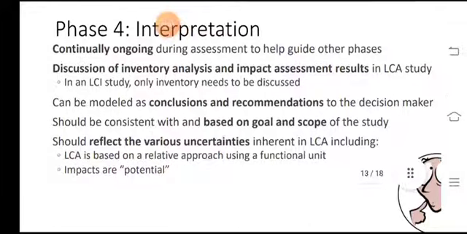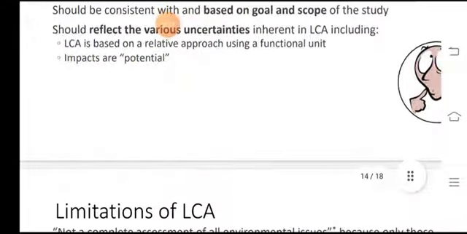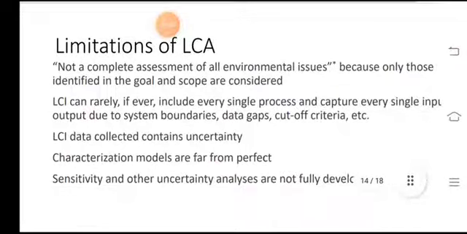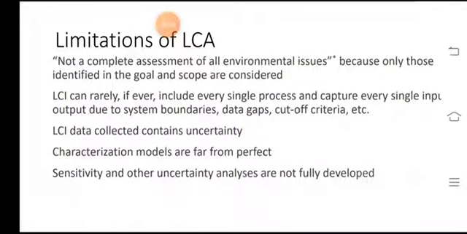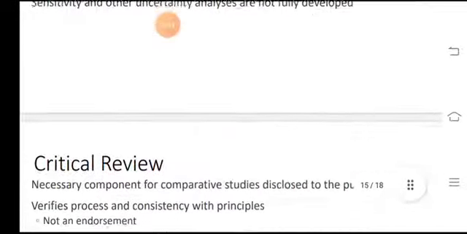In an LCI study, only inventory needs to be discussed, and based on goal and scope of the study, it should be reflected in various uncertainties. And then LCA is based on a relative approach using a functional unit. Impacts are potential, we need to investigate them, and then there are some limitations. So please go through these limitations.